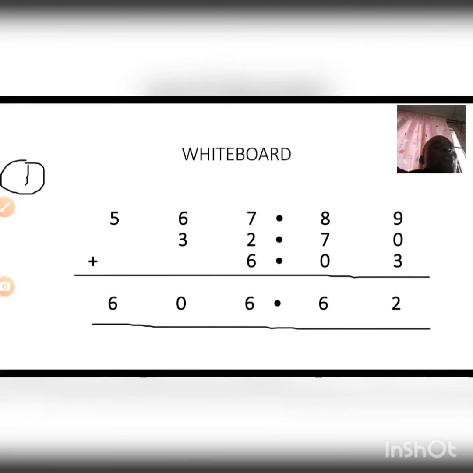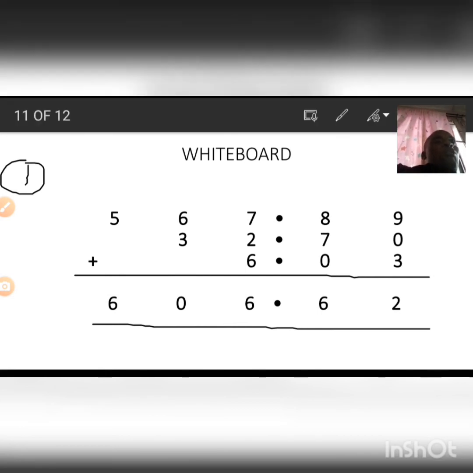Now when we try to add, this is what we are going to get. First, 9 plus 3 is 12. So we put down 2, carry 1. 1 plus 8 is 9, plus 7 is 16, plus 0 is 16. So we put down 6, carry 1.